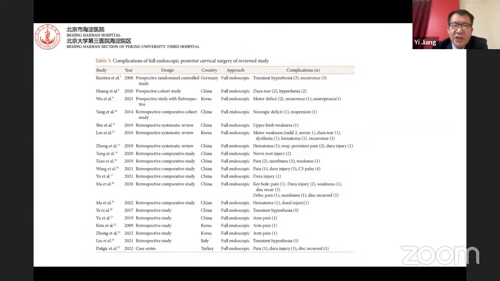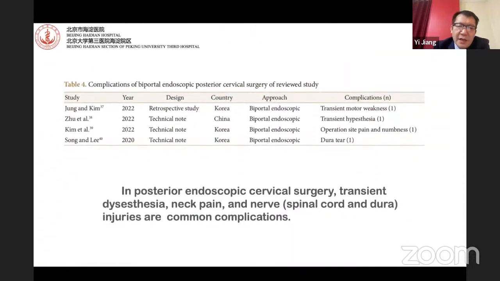In the posterior cervical procedure, there are the same complications as in open surgery, such as transient hypoxia, dural tears, motor deficit, and hematomas. Neck pain and nerve injuries are very common in this procedure.